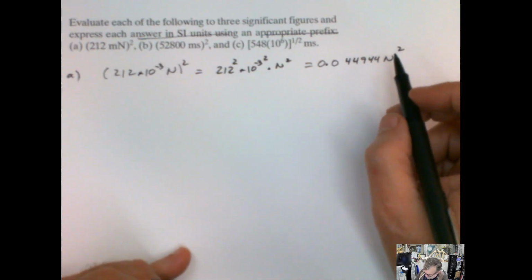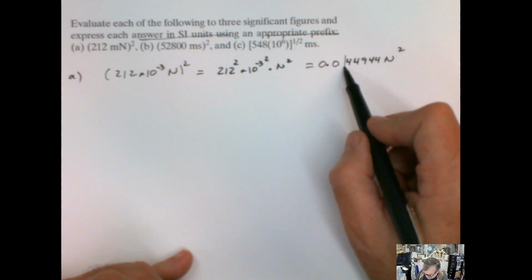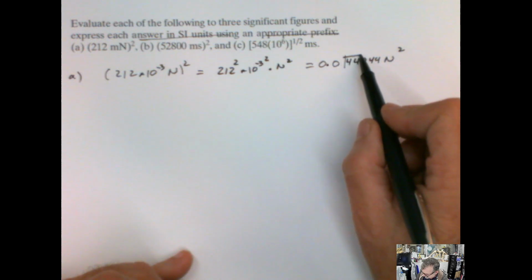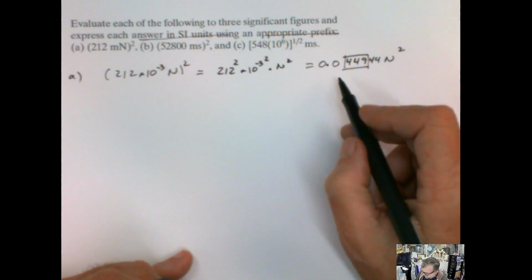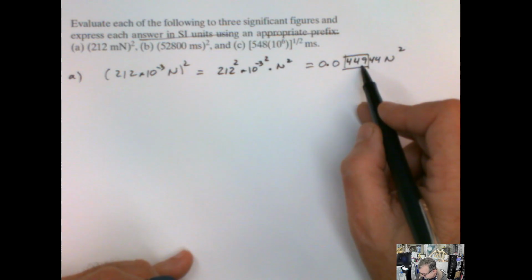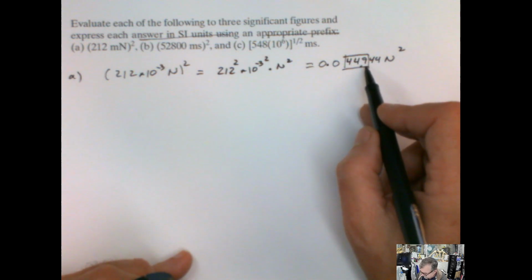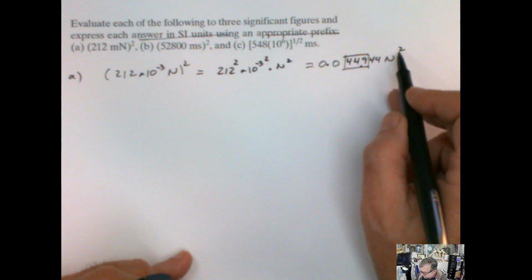What are the three significant figures? The three significant figures will be this: 1, 2, 3. There are so many different ways that you can express this. These are newton squared.